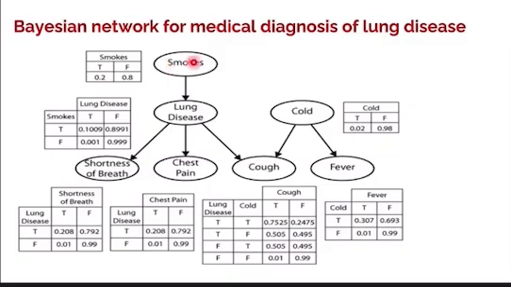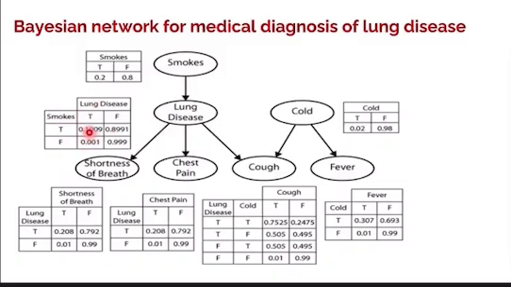Let's start with smokes. It's either somebody smokes or not. This is saying 20% smoke, 80% do not, maybe based on the medical data we have in a particular clinic. Now the lung disease depends on smoke. If I create a table for that, it will connect smokes and lung disease.